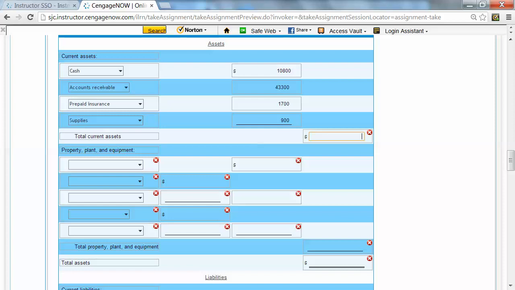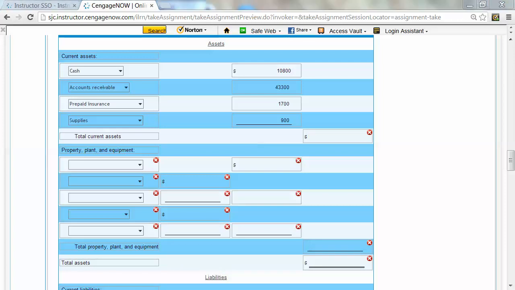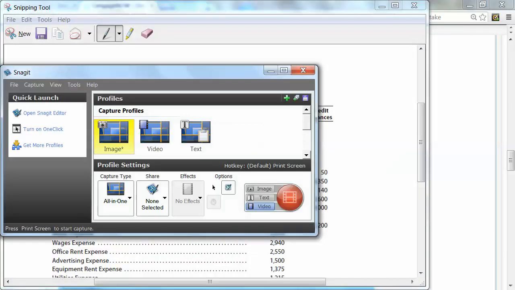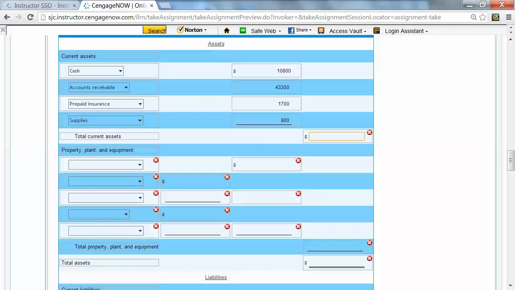My total current assets, we'll add these numbers together. So my total current assets will be 56,700. I added all these numbers together here to come up with that total.